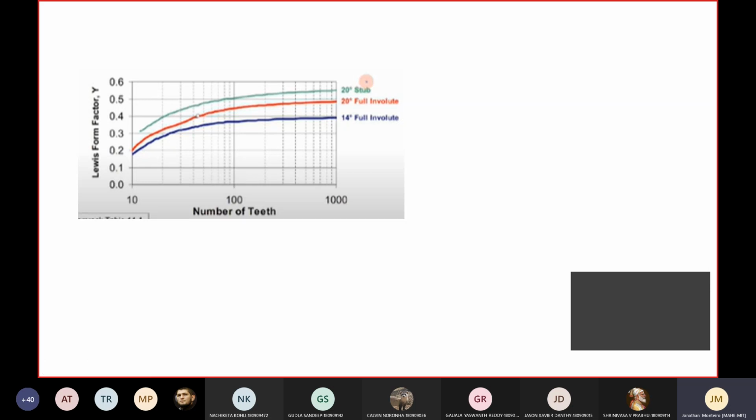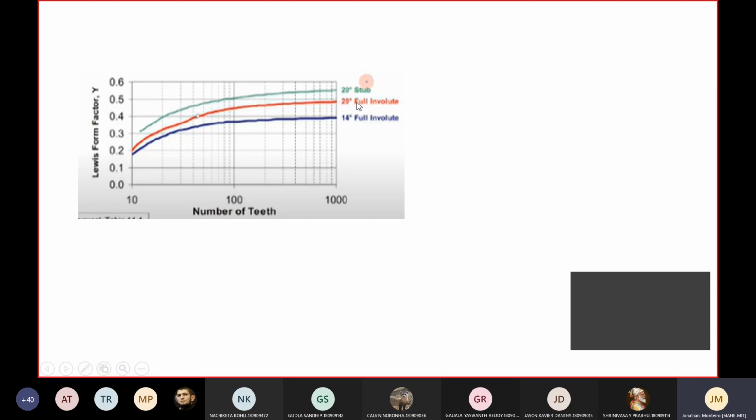Since the beginning of the class, we have been describing some form or the other. You see, with the Lewis form factor, which can be applied to any tooth, if you gradually increase the number of teeth, you see which profile they can get. So you can get 14-degree full involute profile, 20-degree full involute profile, and 20-degree stub profile.